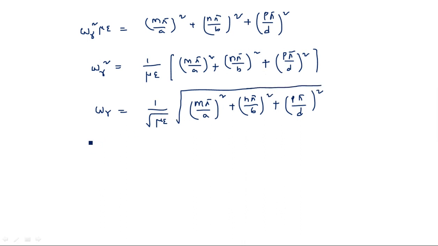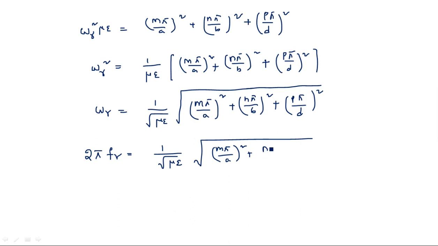Now what is omega r? Omega r is nothing but 2 pi fr is equal to 1 by root of mu epsilon into same.